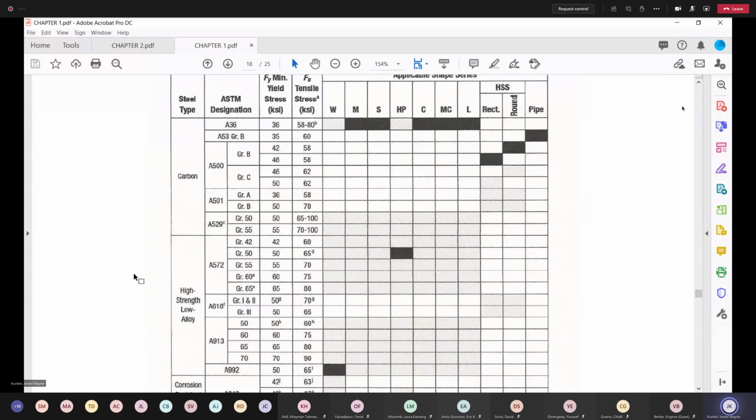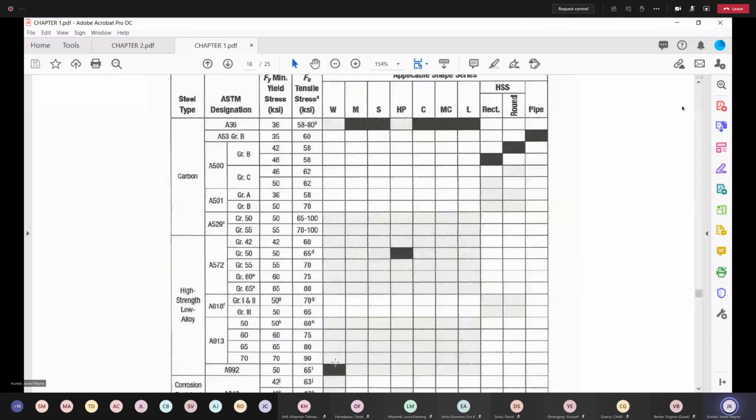Now, there's not much change between the A572 and the A992. So you'll see in a lot of these problems where I'll say that the steel is A992 instead of A572. And the reason that I do is because of this black box.